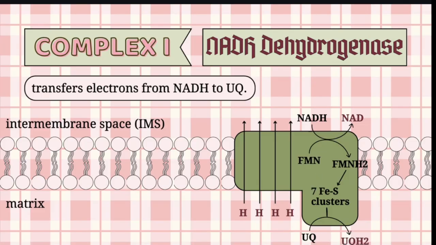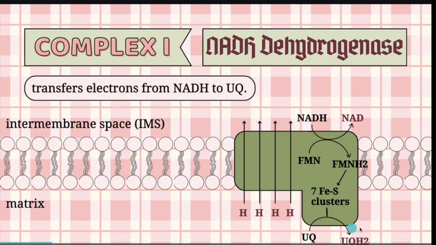Now, how does it do that? Basically, you should know complex 1 is made of 2 parts. It has a peripheral arm, which is the part that's sticking out of the membrane. And then it has a membrane domain, which is the part that is stuck inside the membrane and doesn't stick out.